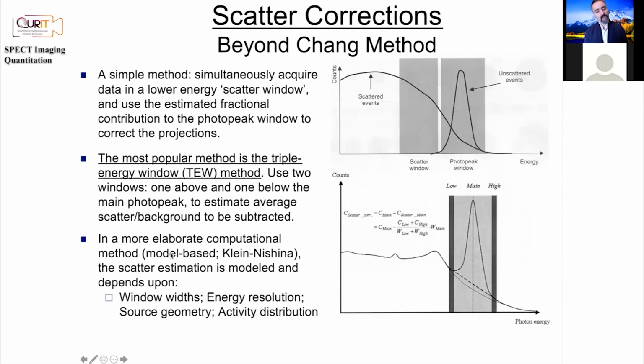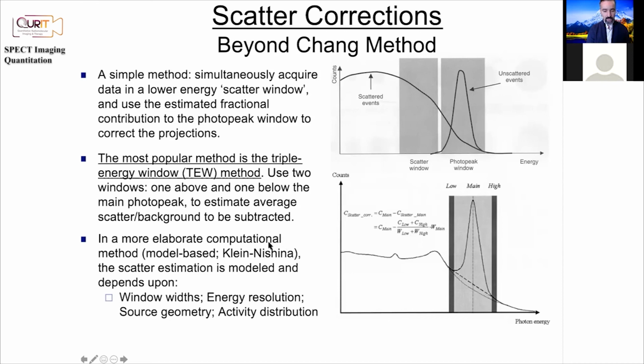But there are more elaborate computational methods that really go back to the physics. For example, there's the so-called Klein-Nishina formula. You guys should definitely check out what the Klein-Nishina formula is. It's about cross sections, for example for Compton scattering and for other energies too, but our key interest is scattering here.